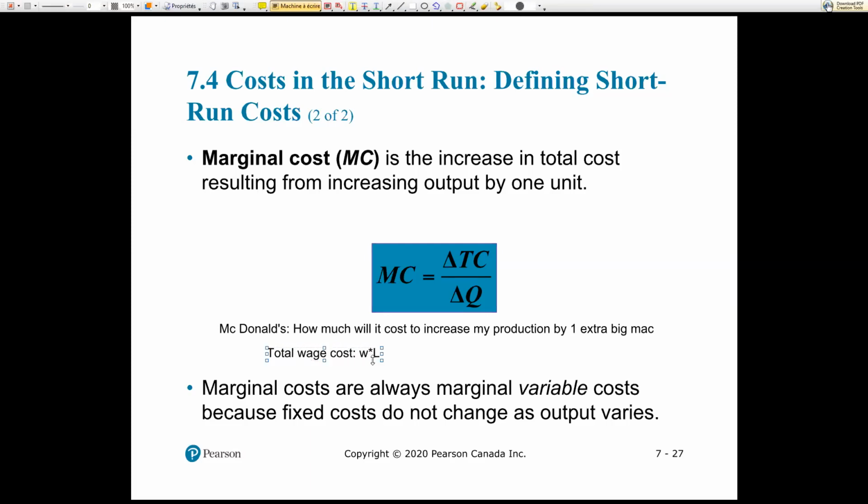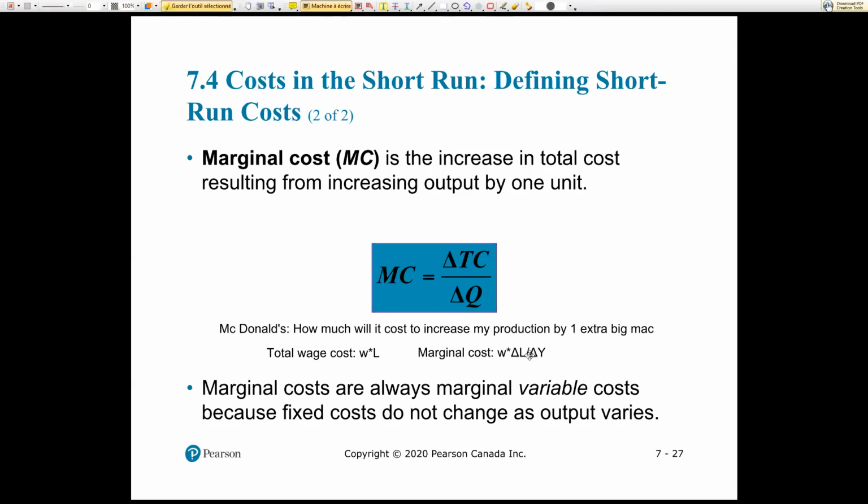So then my marginal cost would be wage multiplied by delta L divided by delta Y. So the wage rate of a worker multiplied by the number of workers I have to hire to increase the quantity of Big Macs by 1.